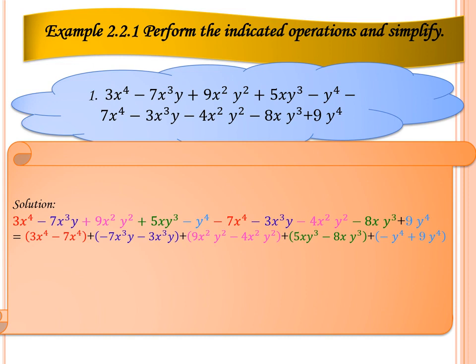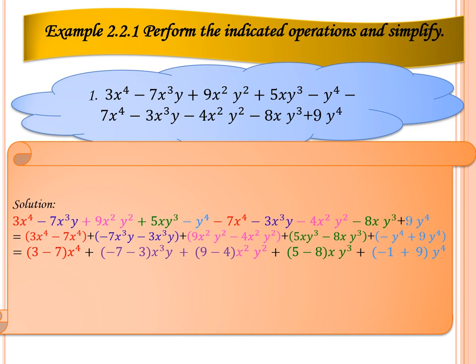And also, yung kulay green, group din natin, si 5xy cubed at saka sa negative 8xy cubed. And also, yung kulay blue, that is negative y to the power of 4 plus 9y to the power of 4. Okay? Next step, i-combine natin itong mga like terms na to by applying DPMA.